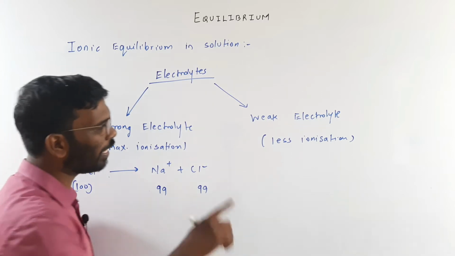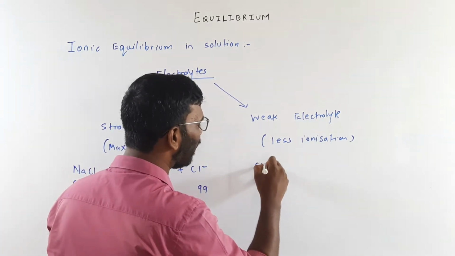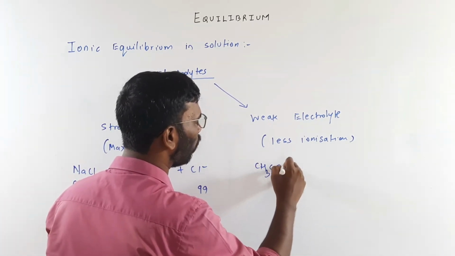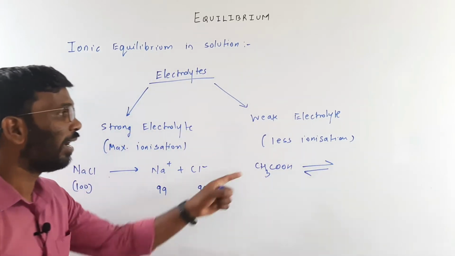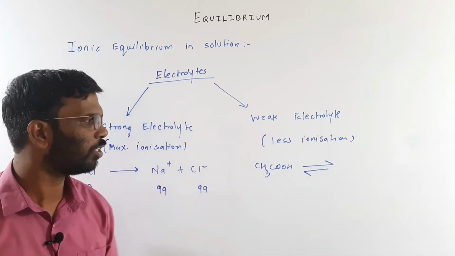Now if I take a weak electrolyte like acetic acid, CH3COOH, and put this into water, this is a weak electrolyte and here there is less ionization. Less ionization means what?